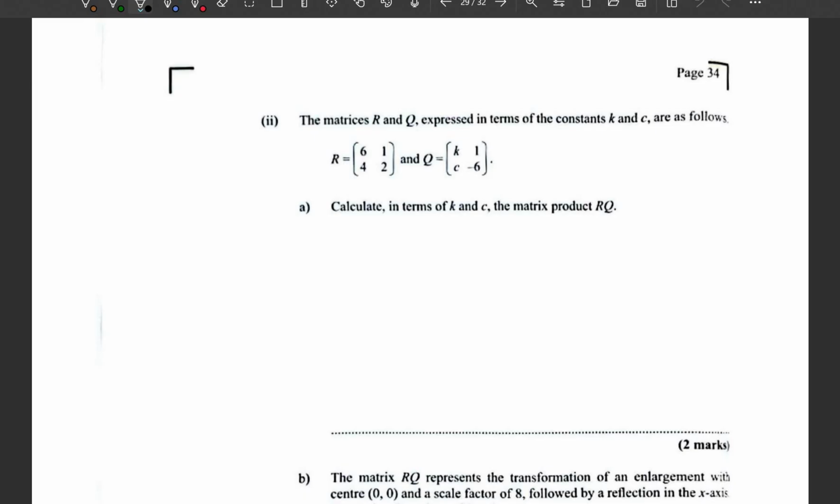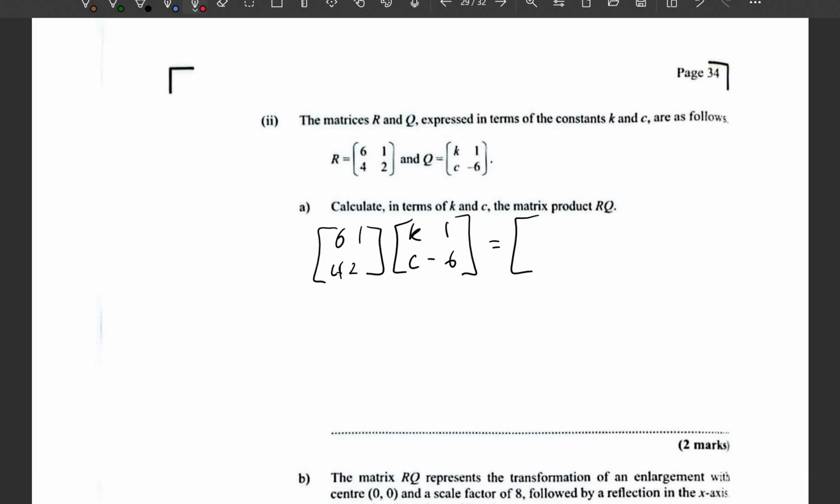Part 3, the matrices R and Q are expressed in terms of the constants K and C as follows. R is 6, 1, 4, 2, and Q is K, 1, C, minus 6. They want us to calculate in terms of K and C the matrix product RQ. So that's 6, 1, 4, 2 multiplied by K, 1, C, minus 6.